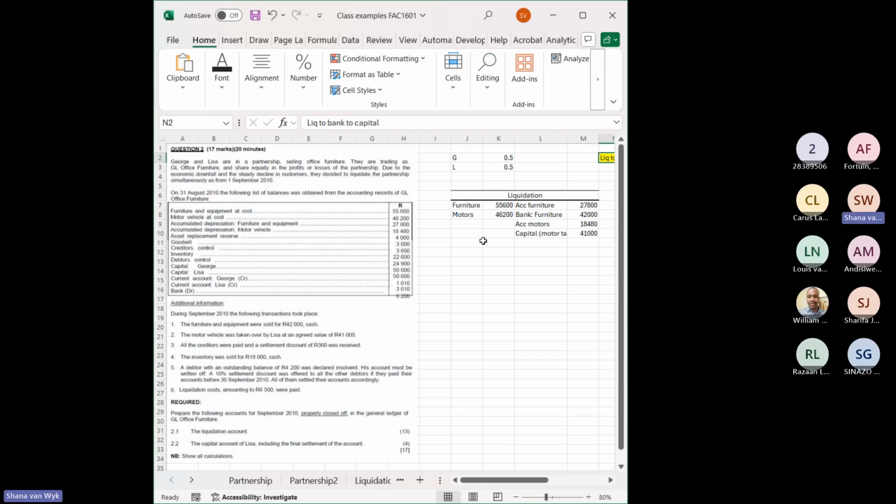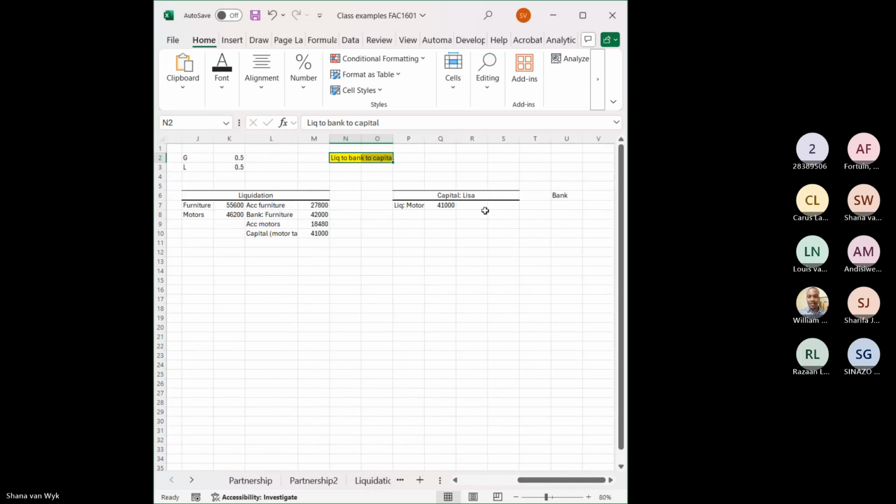So 3,600 creditors, gonna debit, gonna credit bank. Now I'm lying, gonna credit liquidation. Please help Shana with all this. Wait, sorry, you just have to debit the liquidation and credit the bank.